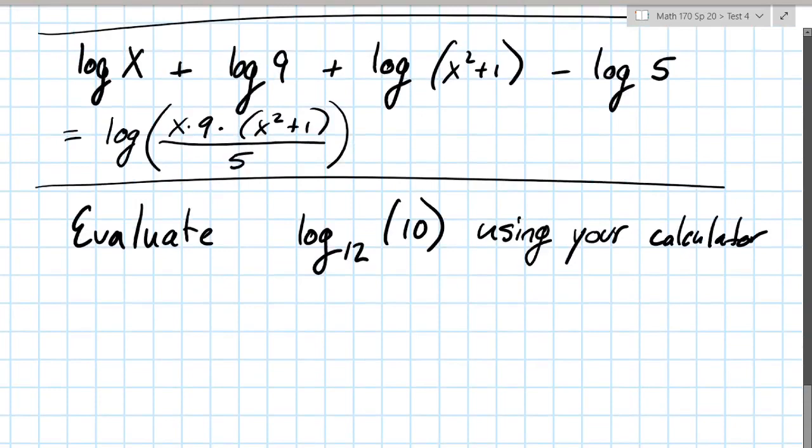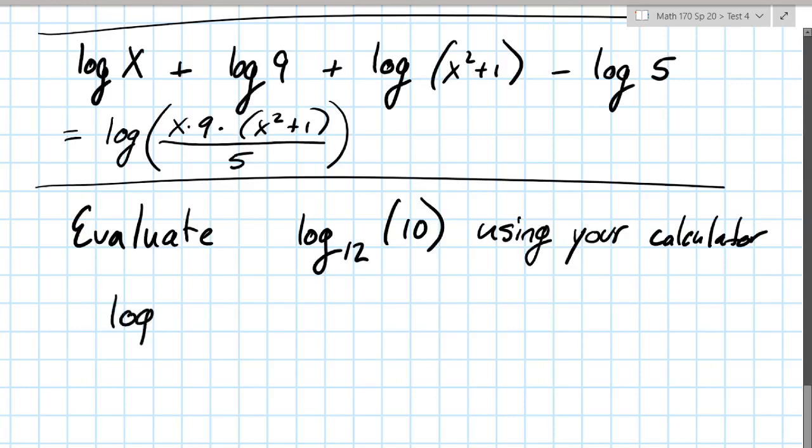Our last question uses the change of base formula in order to evaluate this using our calculator. We don't have a log base 12 button on our calculator, but we do have a log base 10, or just a log, or a natural log, that is the ln. So we're going to change base to log base 10.